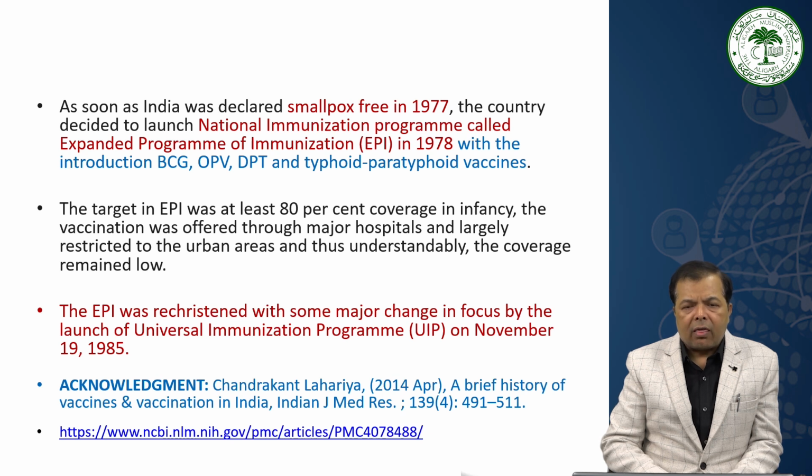So WHO has suggested that, and India implemented that with the introduction of BCG, OPV, DPT, and typhoid, paratyphoid vaccines. That means now we are having an immunization program where we are having certain vaccines, and this could be used for preventing the occurrence of a good number of diseases.